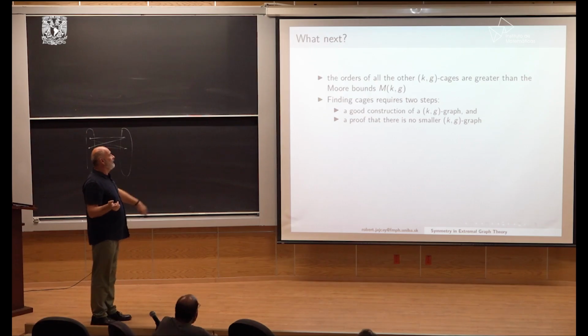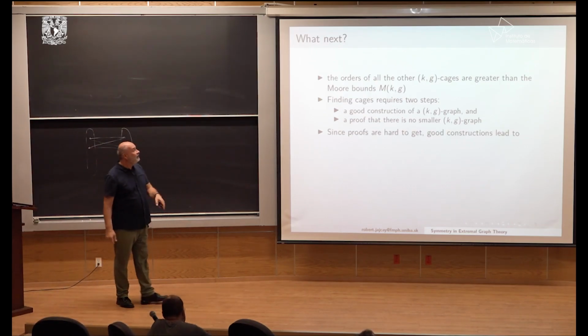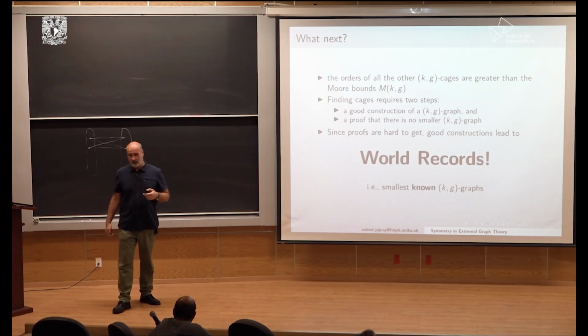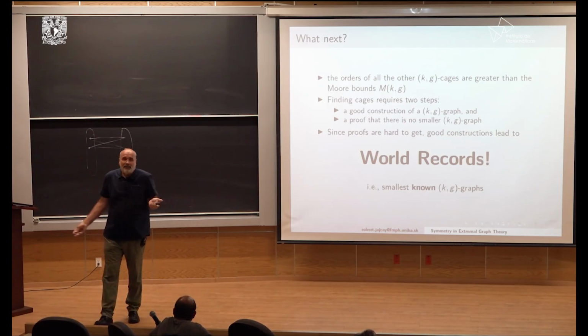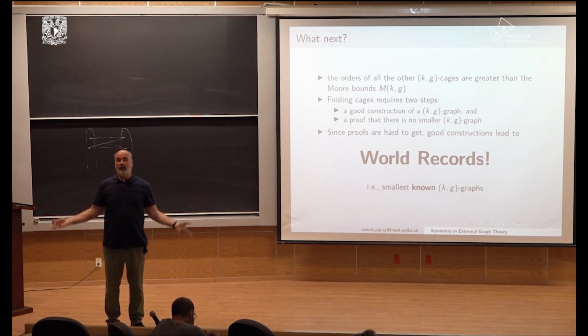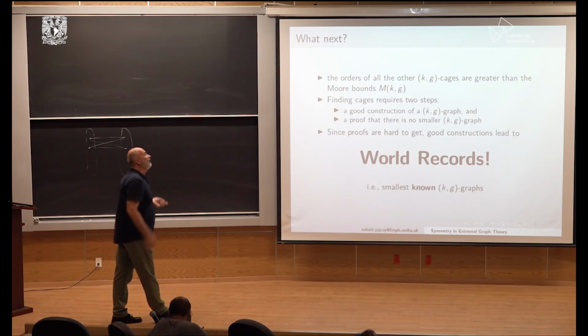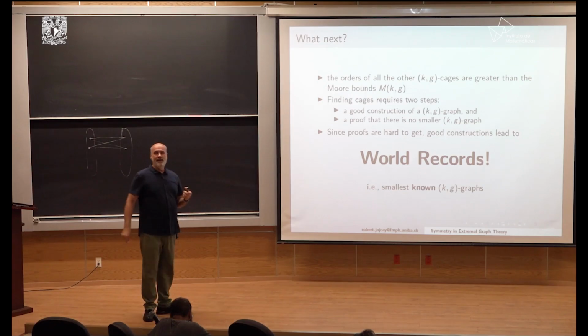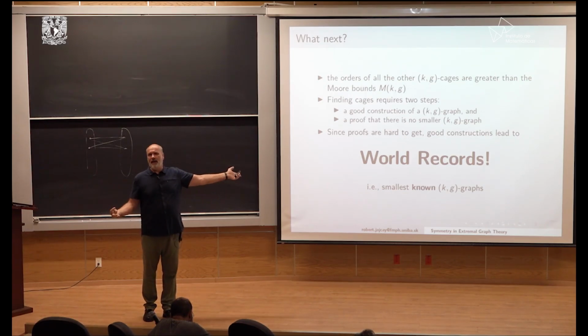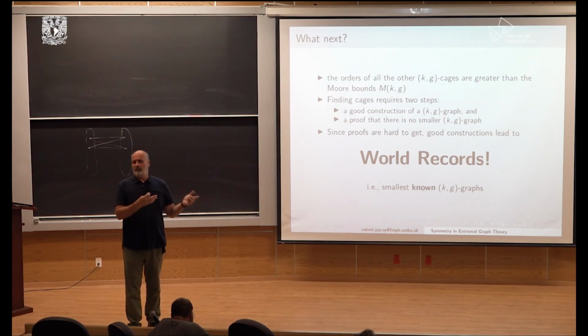All right. So proofs are hard to get. Good constructions lead to world records, okay? So what is a world record? Well, you have a construction where nobody else has a better construction for that pair of parameters, meaning smaller graph, yeah? Smallest known. This is not mathematics. It's just, what is it, smallest known? We want absolute answers in mathematics.